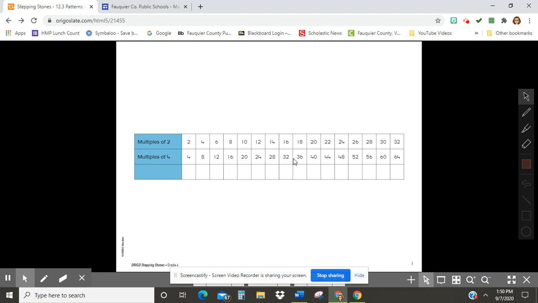Why is only every second multiple of 2 also a multiple of 4? So every second one. Yeah, that's interesting. Every second multiple of 2.